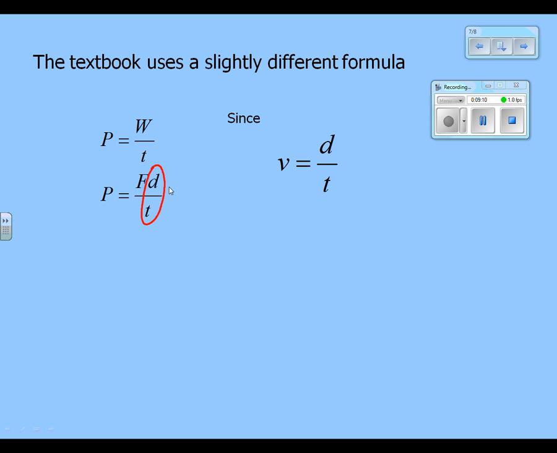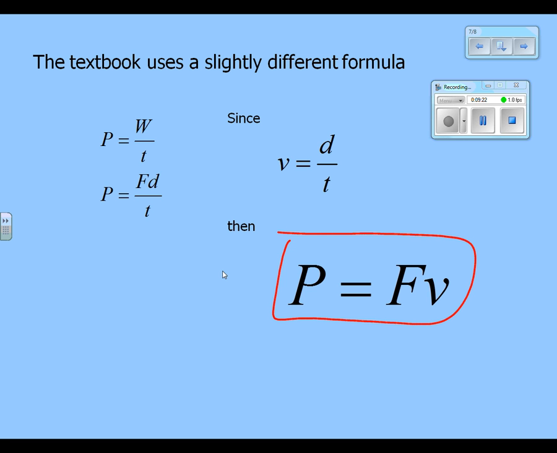So we can replace this D over T. We can get power equals F times V. Okay? So on occasion, that is a useful formula to have as well. Power equals force multiplied by velocity. And the velocity must be in meters per second.